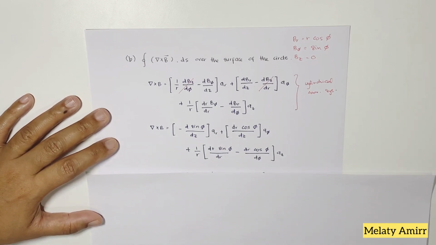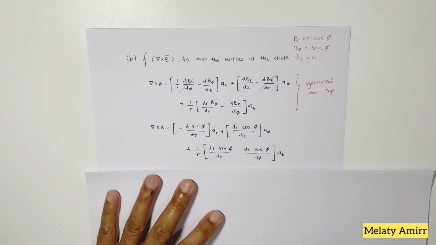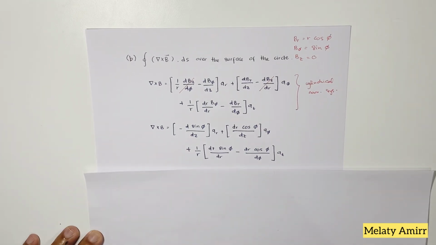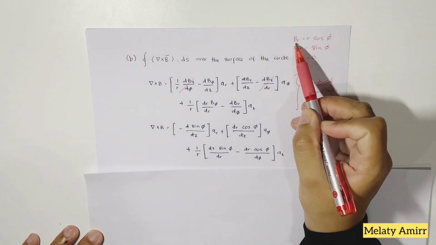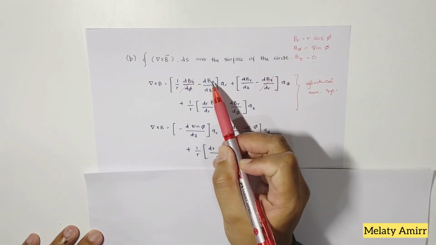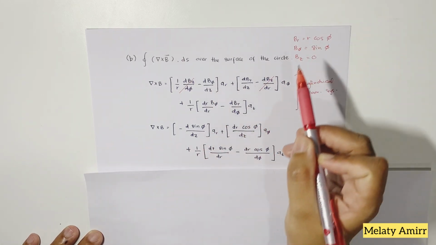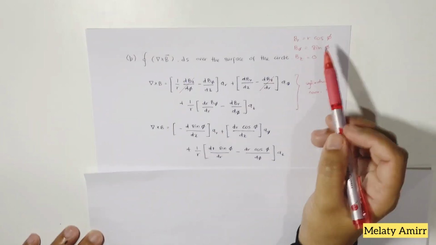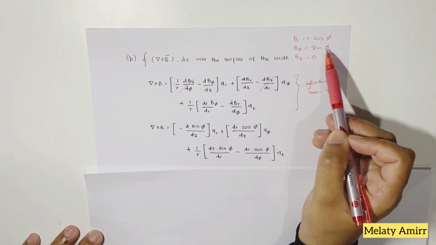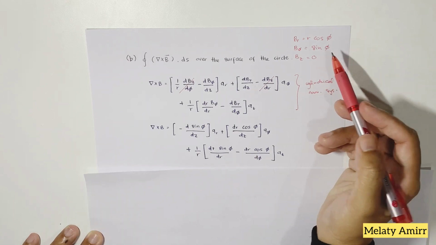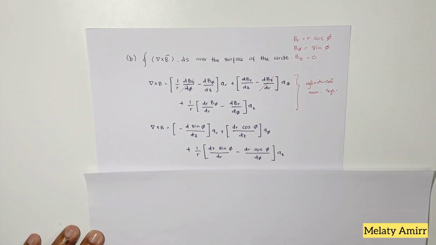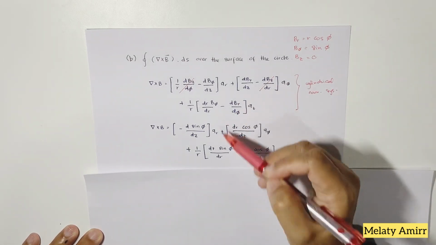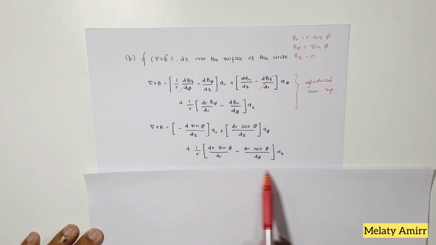Substitute the equation here, B_r, r cos phi into this one, and then substitute B_phi equal to sin phi. Substitute, and you will get like this one.